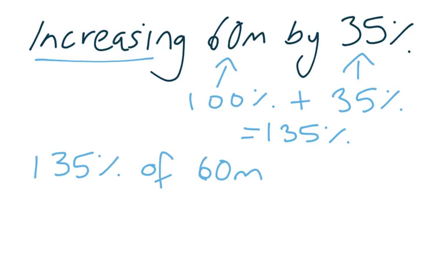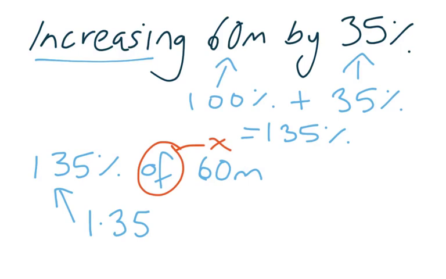Now, the way we do it more efficiently is we look at 135% as a decimal. Obviously, it's over one whole. So one whole is 1, and then 35% as a decimal is 0.35. So we're doing 1.35, and now remember from the other day I talked about the word of in maths meaning multiply.